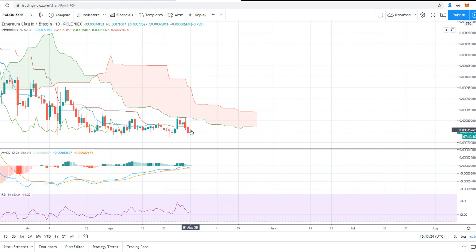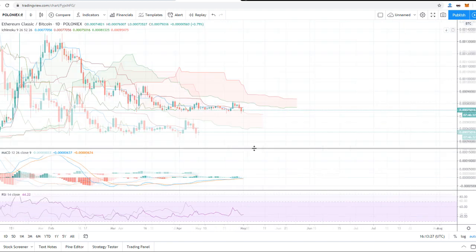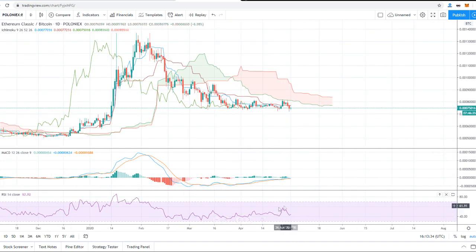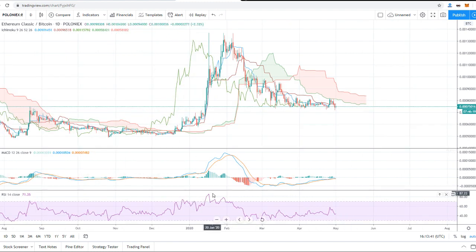On the MACD, we are having bearish divergence. RSI is not giving us any direction right now. It's neutral, I would say. Here you can see that it was overbought, so it went down. But keep in mind that trends tend to go for a longer duration.